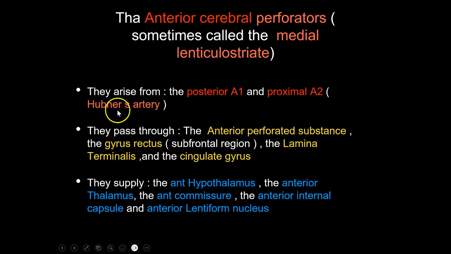So again, Hubner passes laterally and goes to the anterior perforated substance, and the gyrus rectus medial to the olfactory tract, and we have the supply of the anterior structures: anterior hypothalamus, anterior thalamus, anterior internal capsule, anterior lentiform nucleus, and anterior commissure.